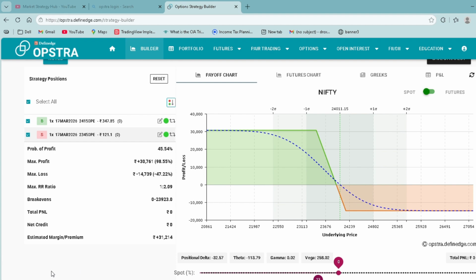So let's build a strategy, and let me explain. Right now the market is 24,011. So I'll choose the nearest strike price, that is 24,150 PE, and sell a lower strike price, that is 23,450.